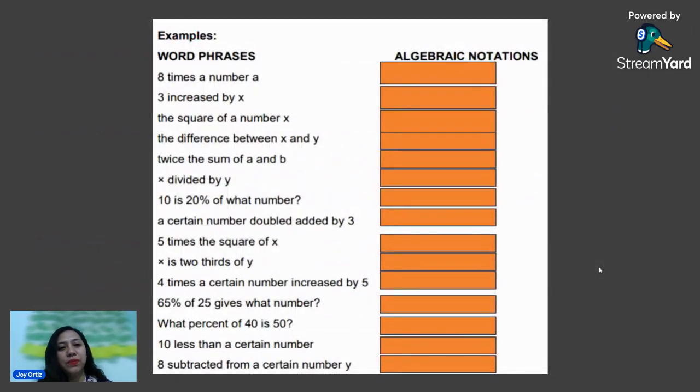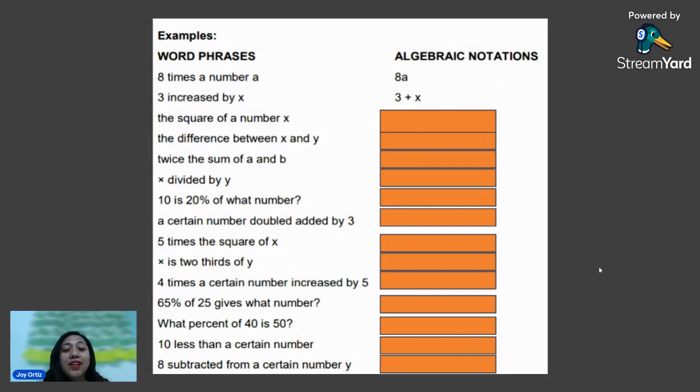For example, 8 times a number A. So what would be the algebraic notation? Alright, it's 8A. How about the second problem? 3 increased by X. Yes, so the answer is 3 plus X. How about the square of a number X?